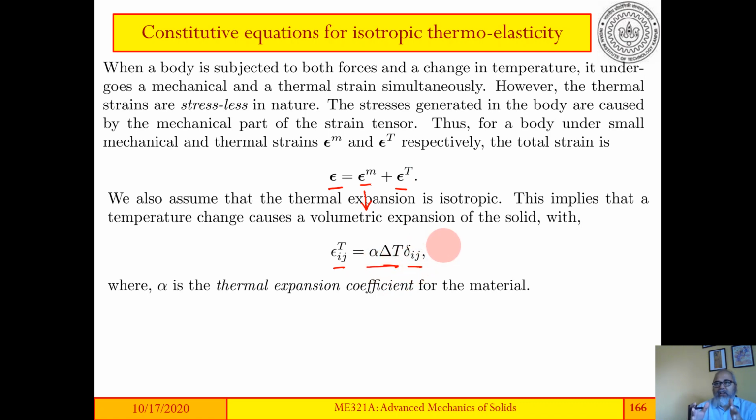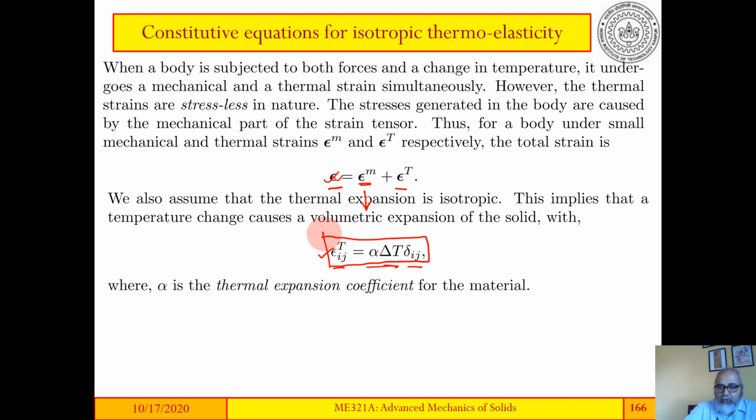So a block of material when heated does not become a parallelogram. The block expands as a block and expands by equal amounts in all directions when a temperature rise delta T is applied. So the total strain is epsilon ij, and that is composed of the mechanical strain and the thermal strain, which is given by this.